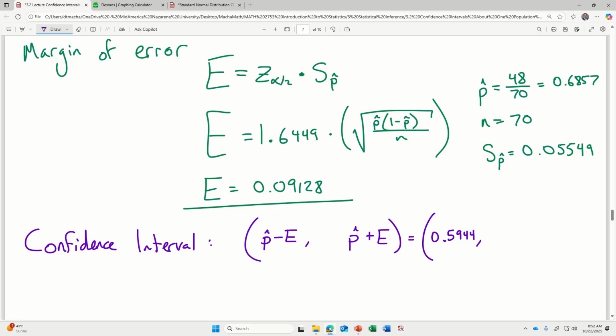And then the upper bound, 0.6857 plus 0.09128. So the upper bound is 0.777.